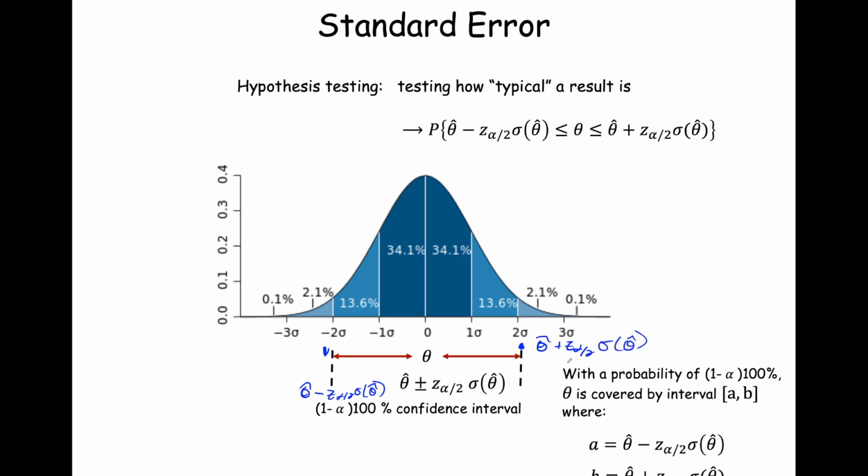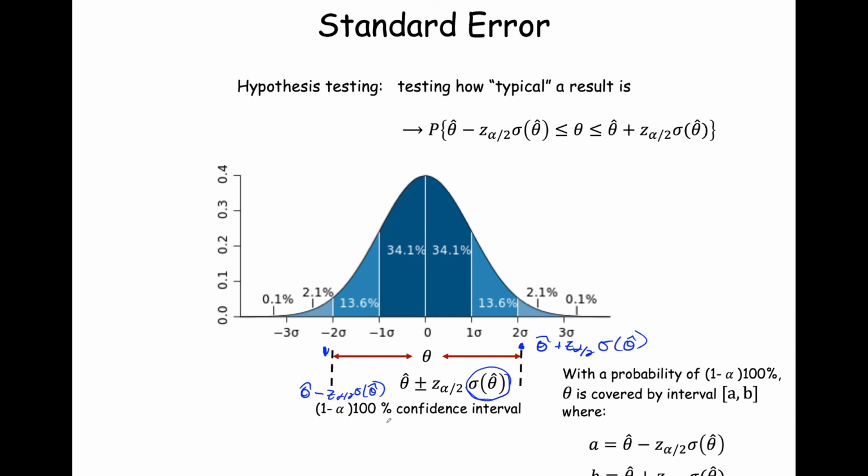And so we say that theta is going to be in the interval identified by theta hat plus or minus our z alpha over 2, our z-score, times 1 standard error of theta hat.